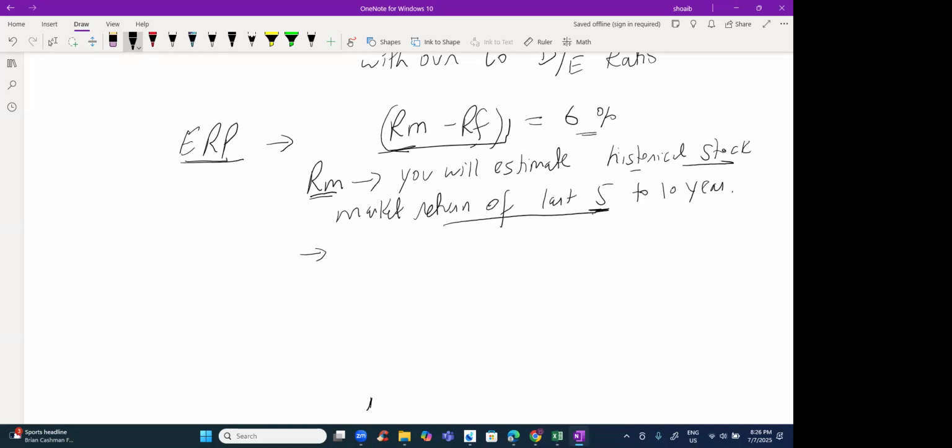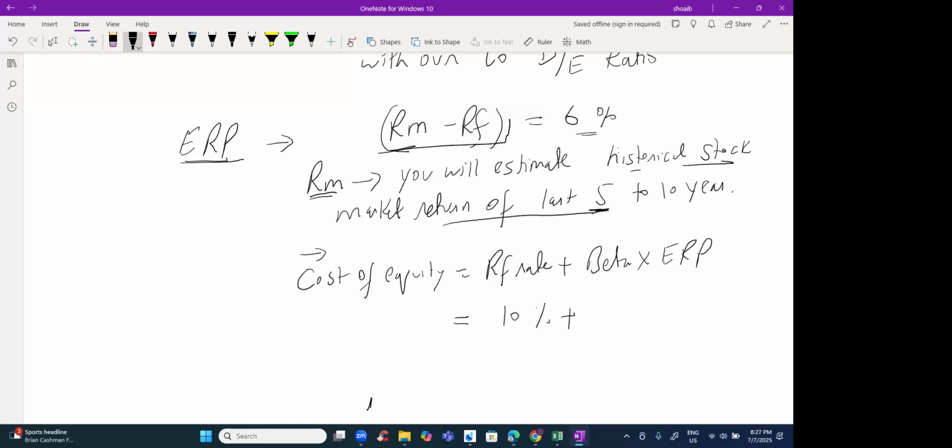Okay, what was the formula? Cost of equity equals risk-free rate plus beta into equity risk premium. So the risk-free rate, I'm assuming in Pakistan, is 10%. I'm just assuming. Okay, for example, beta is 1.5.